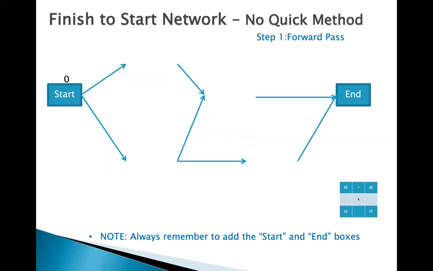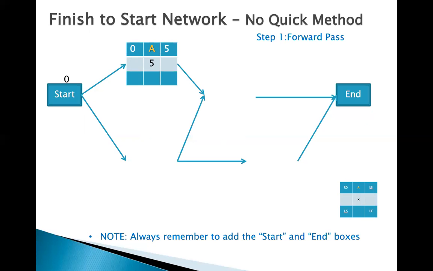So let me start with step number 1, which is forward pass. Remember, we need to calculate 4 values for each activity. For activity A, the earliest start is part of the input that you already have on the previous page.